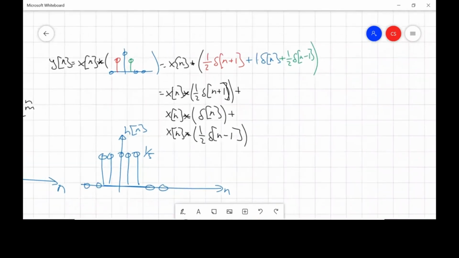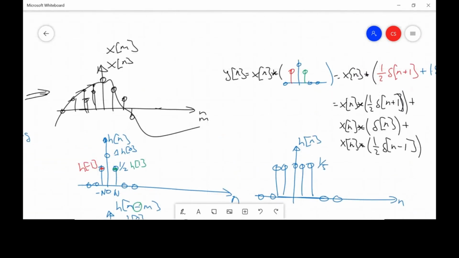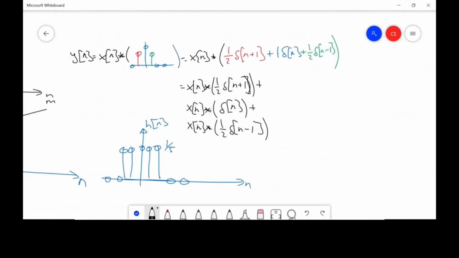But now I know what this means. So let us convolve an easy signal, because this one is too complicated to draw. So let us say that x of n looks like this.